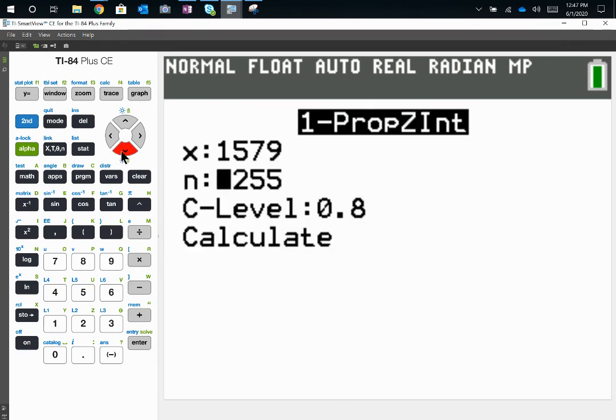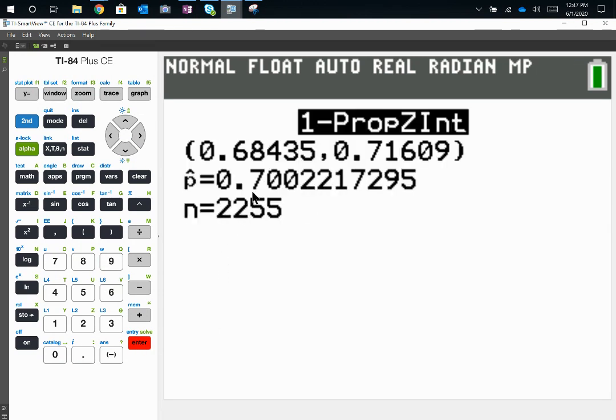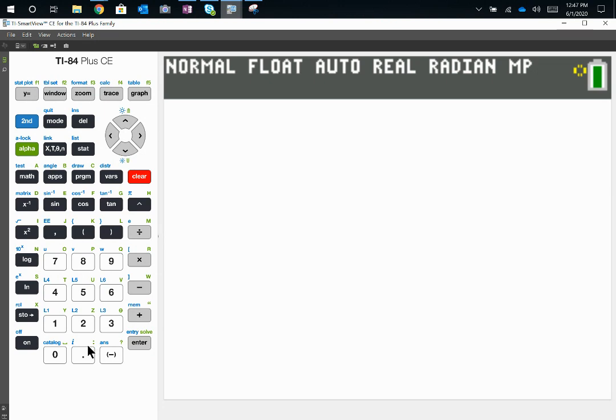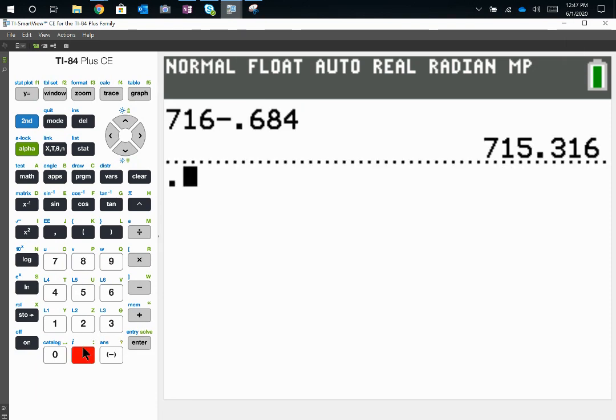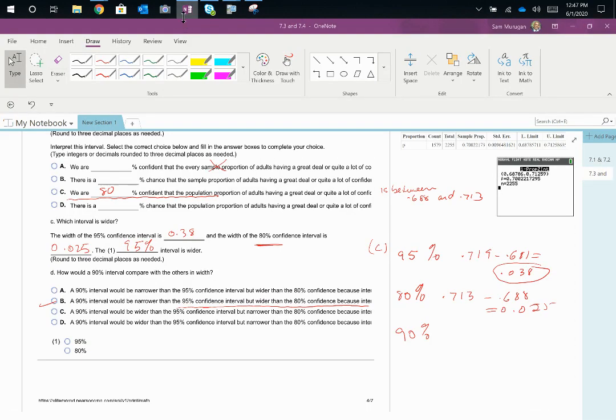So if I changed it to a 90%, I would get 0.716 minus 0.684, which is 0.032, which is narrower than 0.038, but wider than 0.025.